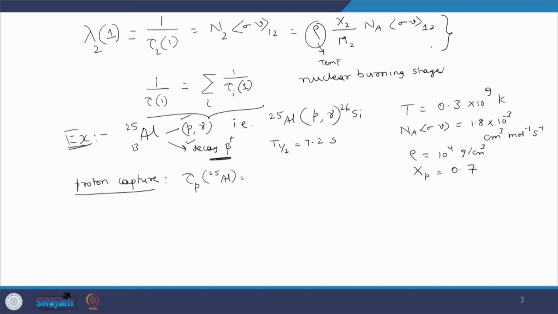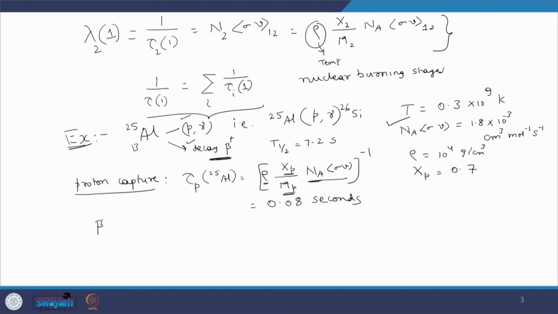So, rho, the mass fraction of protons, mass of protons, Avogadro number, sigma v. If you calculate this, rho is 10 to the power of 4, and the mass fraction is 0.7, this is 1.078 AMU, and Na into the reaction rate is already given here. If you calculate this, it is about 0.08 seconds.